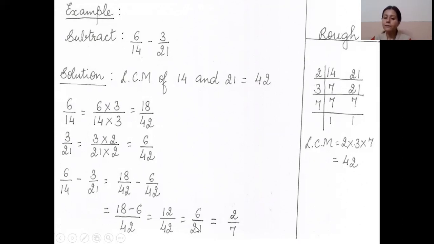First of all, we are cancelling both the numbers in the table of 2, then in the table of 3. So 12 upon 42 is equal to 2 upon 7. Okay, so your answer is 2 upon 7.